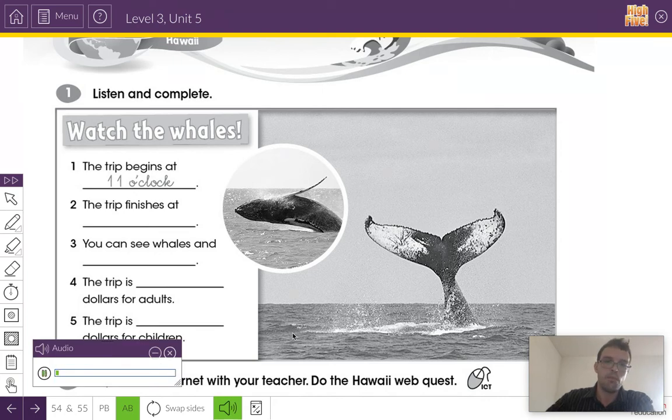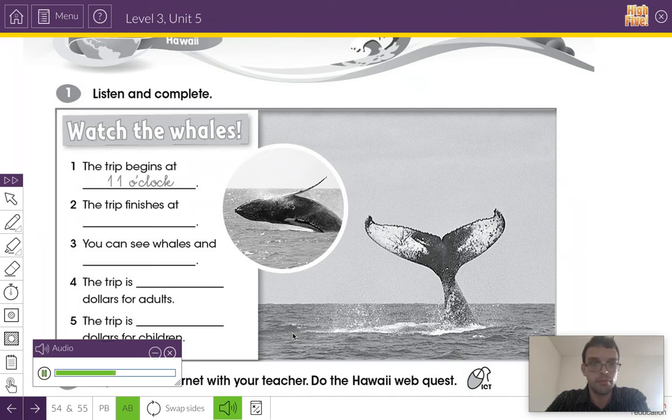Look, Sue, there's a trip to watch the whales. Wow! That sounds fantastic! It begins at 11 o'clock. What time is it now, Dad? It's 10:30. And what time does the trip finish? The trip is for 1 hour, so it finishes at 12 o'clock.